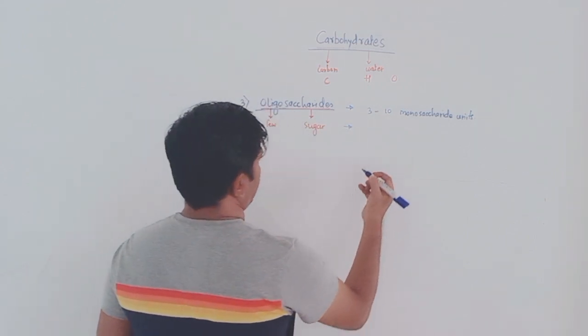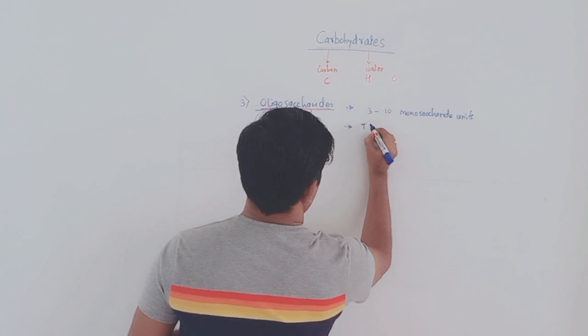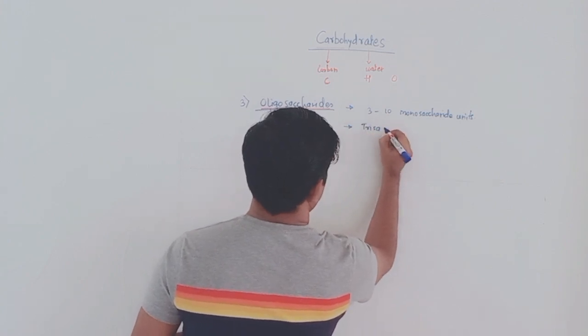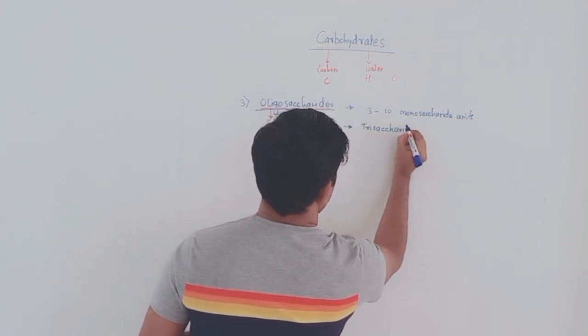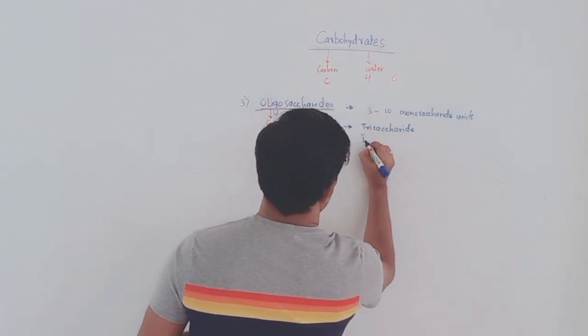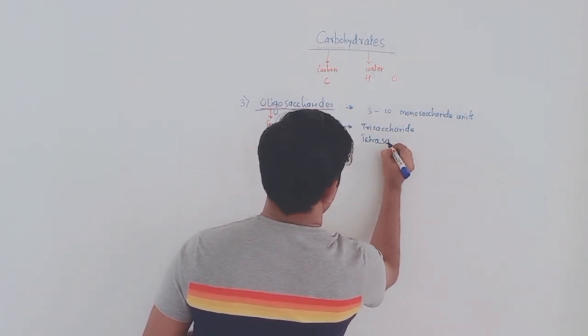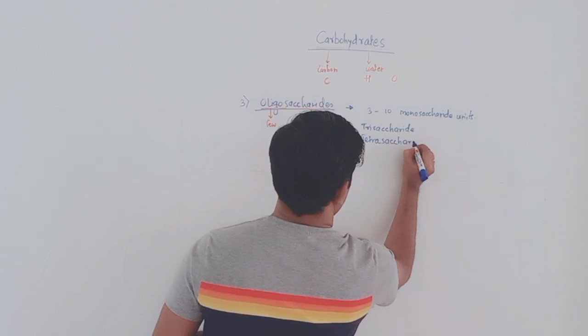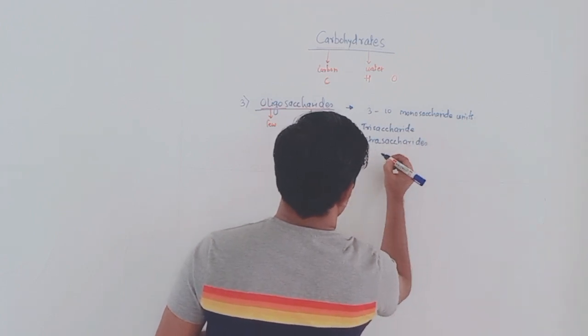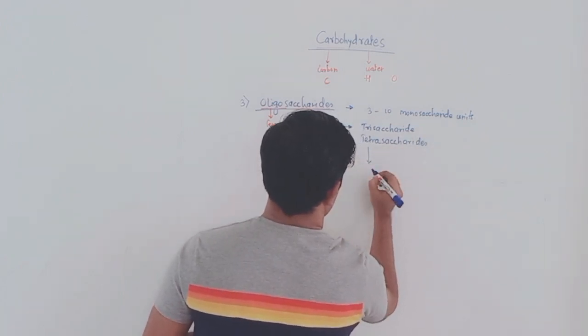So oligosaccharides can be classified like disaccharides, tetrasaccharides, and so on.